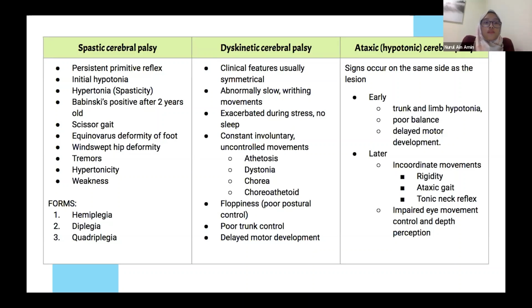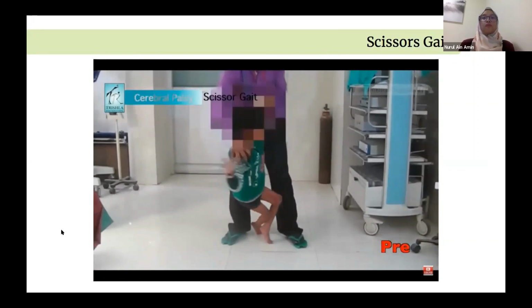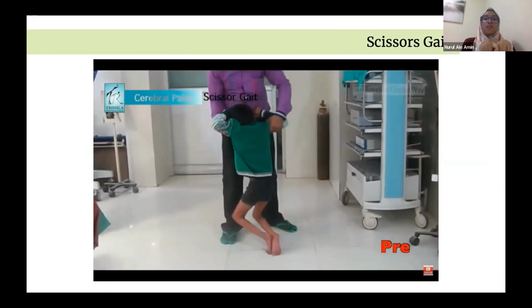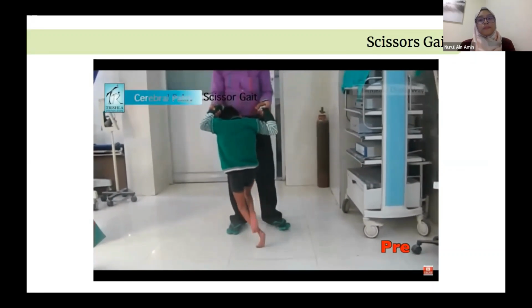And then there's different types, as I've mentioned about the topographical distribution, right? The hemiplegia, diplegia, and quadriplegia. Okay. And then this is an example of scissor gait. As you can see, the child can't really move and the legs are crossing like scissors. So that's what scissor gait means because of the spasticity.